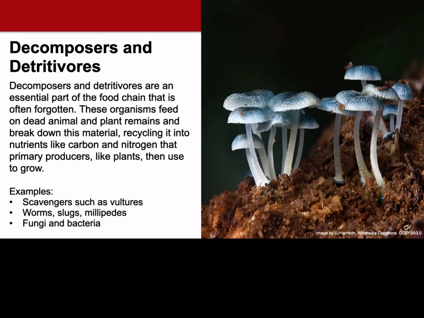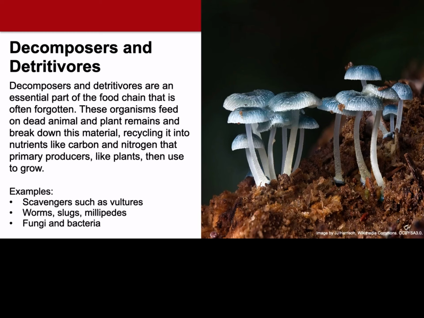One part of the trophic pyramid that we often forget about are the decomposers and detritivores. These organisms are worms, fungi, and bacteria, and are all extremely important for recycling matter like carbon and nitrogen within an ecosystem, so that it can be reused by primary producers like plants.